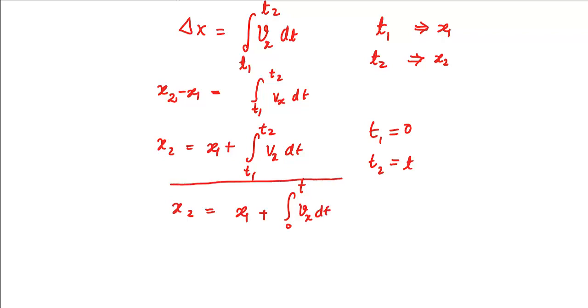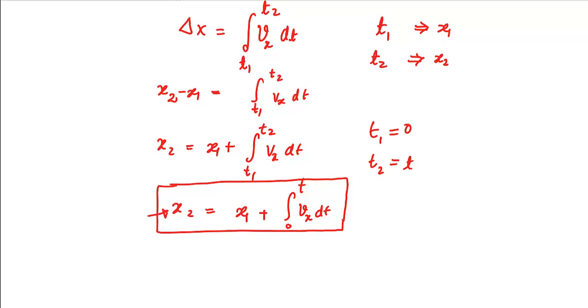So I can use this integration to calculate the position of the particle at any time t, and that is given by x2. So in this video we have seen how we can calculate velocity and position of the particle if the acceleration vector is given as a function of time.